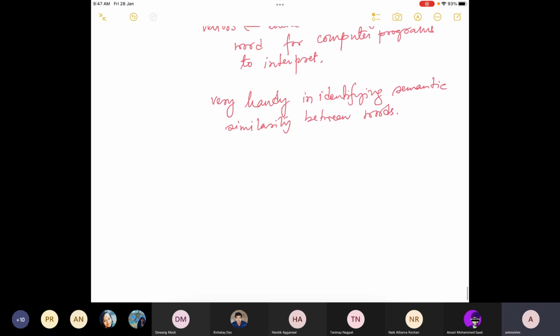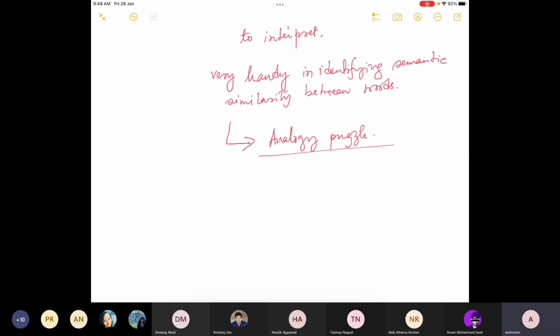Okay, so now one very interesting variant of this semantic similarity is the analogy puzzle. What is an analogy puzzle? The analogy puzzle is something like this.